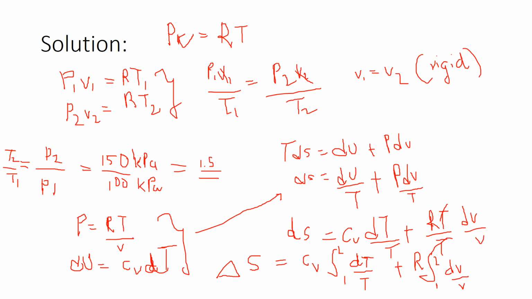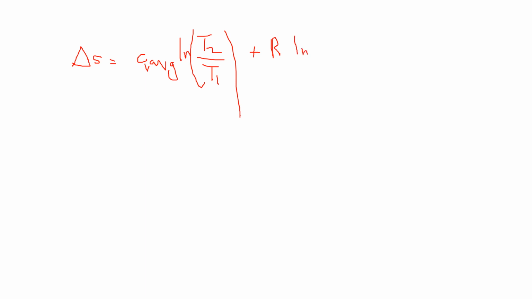Okay. Now I need to remind you of one more thing. You have learned two analyses: one is approximate analysis, one is exact analysis. But over here I am going to do the approximate analysis. So I get delta S after the integration to be Cv average ln T2 by T1, after performing the integration as well as substituting the limits, plus R ln V2 by V1.